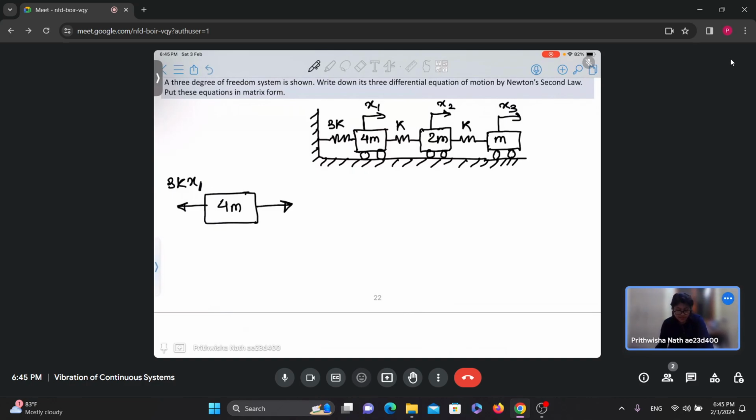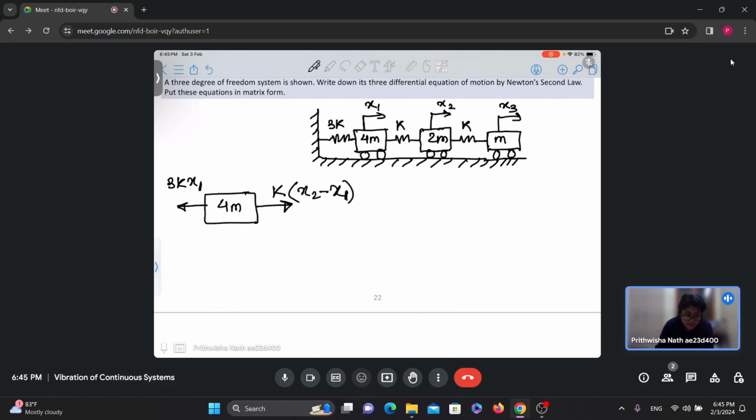On the right hand side, it can be written as k into x2 minus x1.